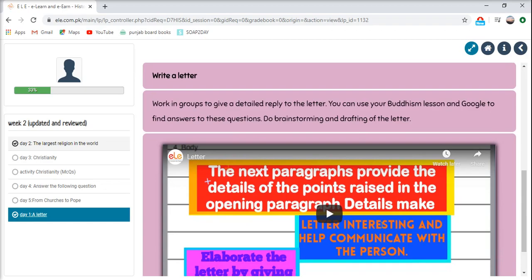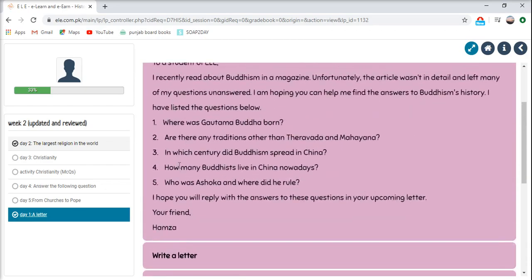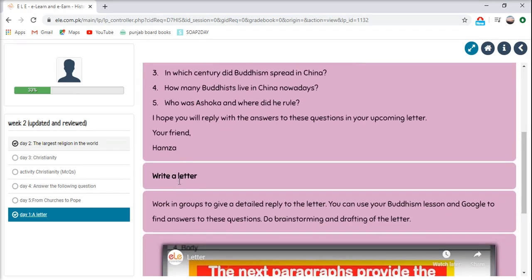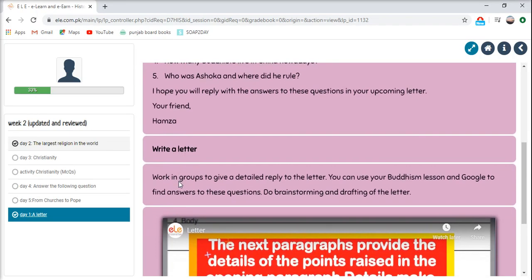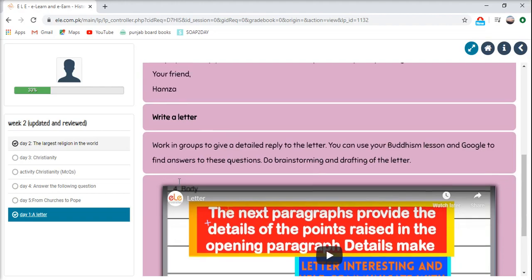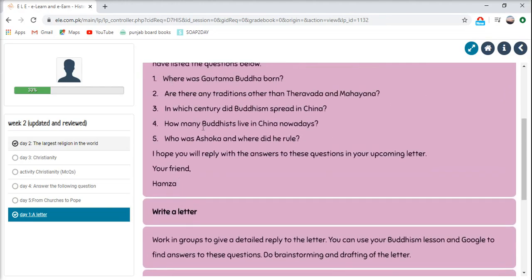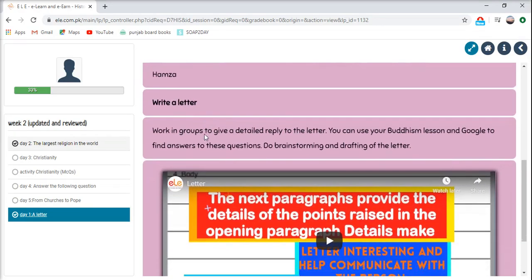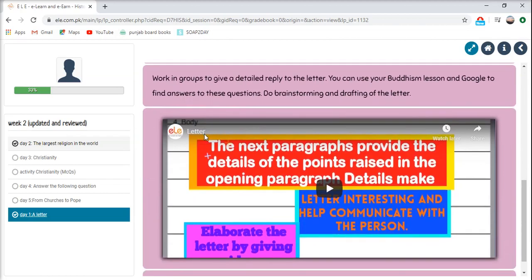So what we have to do is write a letter to answer these 5 questions of Hamza. We have our Buddhism lessons and Google to help. Review the Buddhism lessons, and you can also use Google if you cannot find the answers to these 5 questions. And start by doing brainstorming.